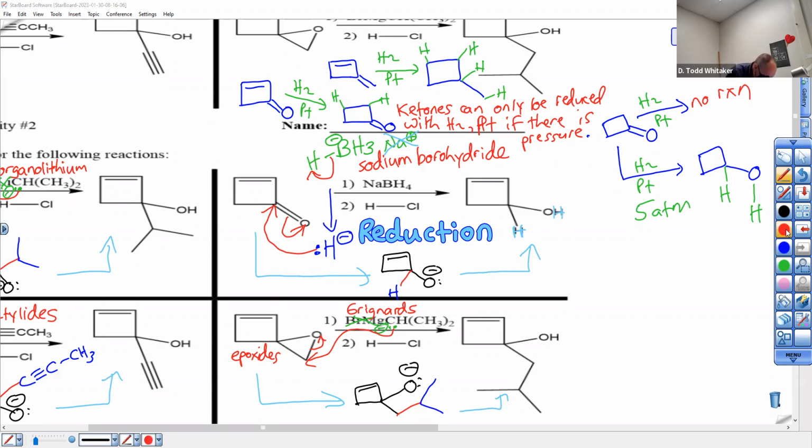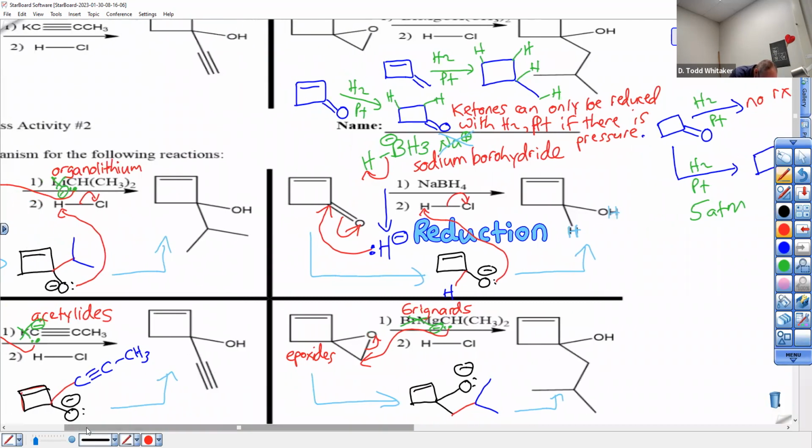It's HCl, isn't it? I know it's kind of hidden on the screen here, but that's O- grabbing H from HCl. And O- is grabbing H from HCl here. What kind of reaction is that? It's a very standard reaction. Acid, base.